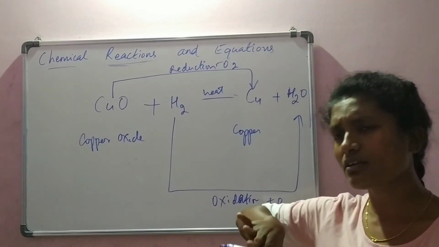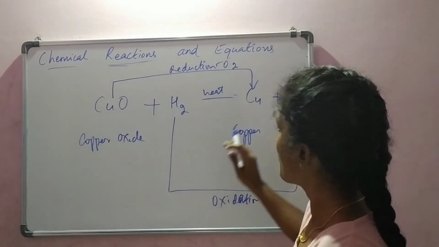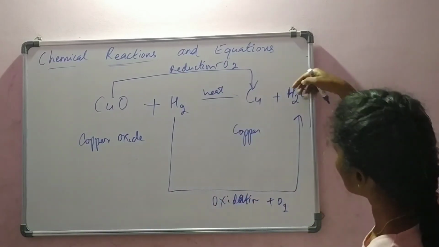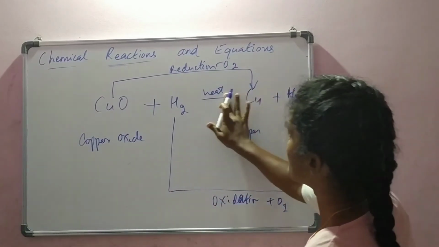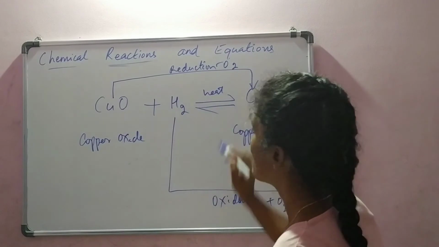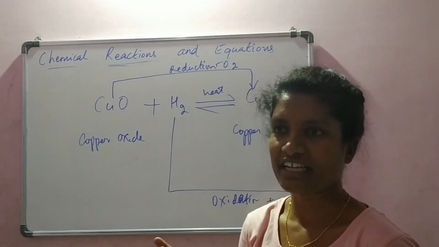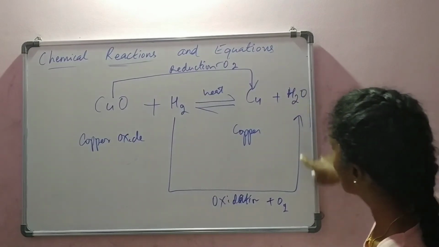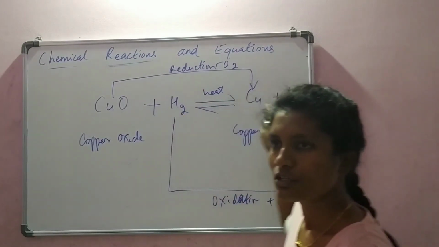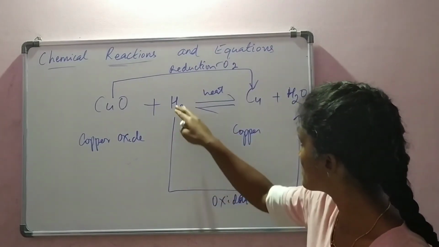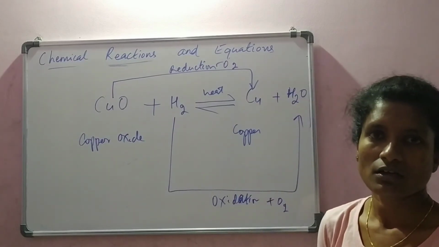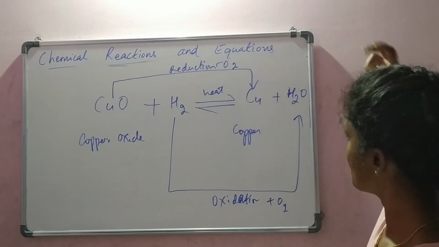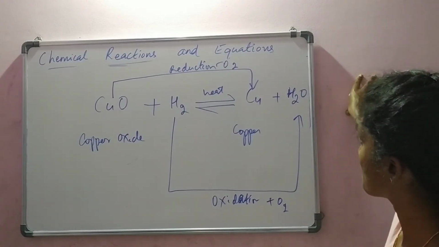Or you can see it the other way. If you take the reverse reaction, what happens? I told you yesterday, some reactions are bidirectional. So if you see it this way, the water became hydrogen.